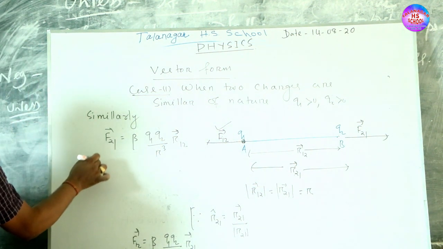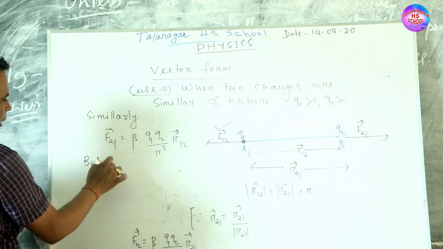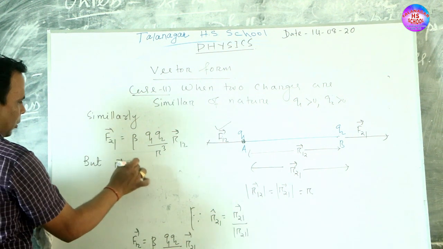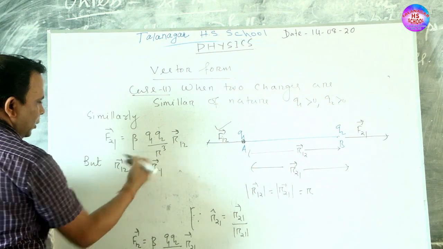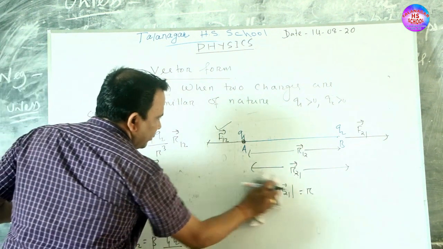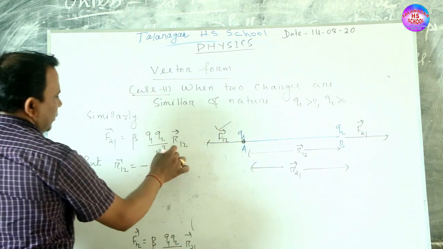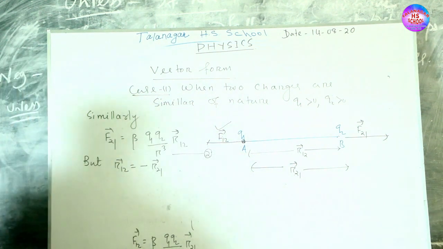But we know that R12 vector is the negative of R21. This is equation 2.